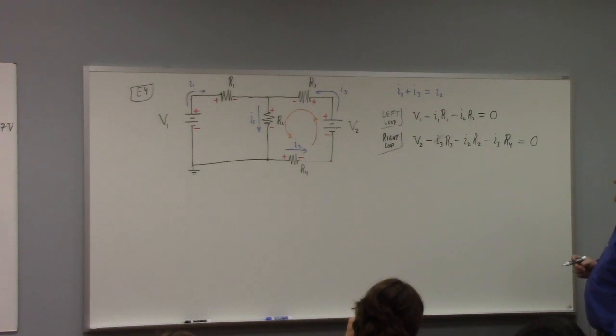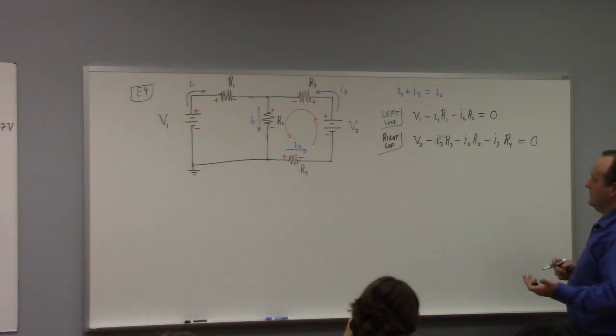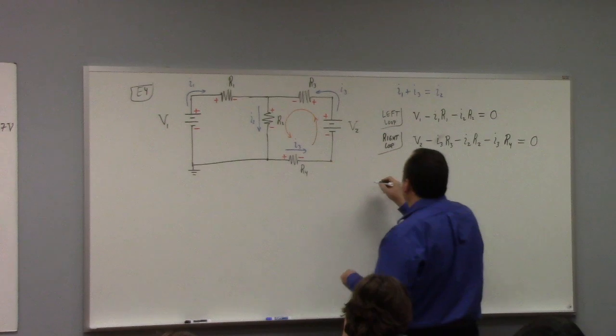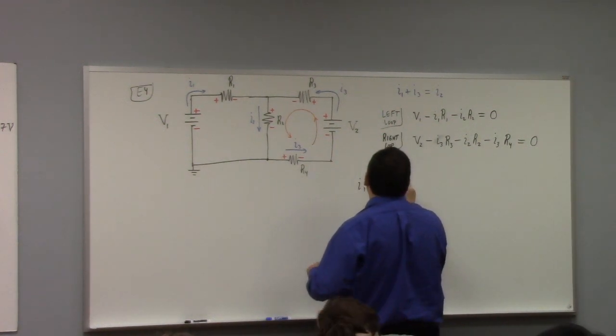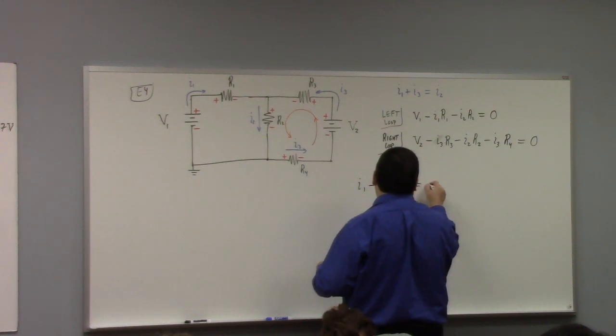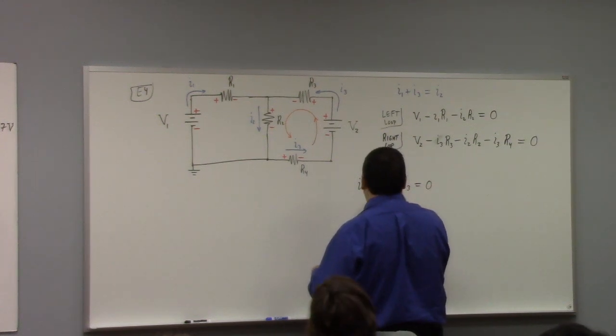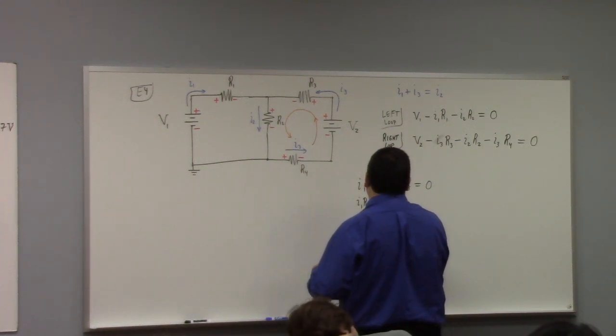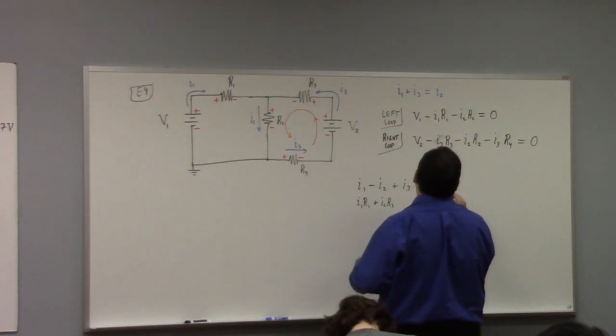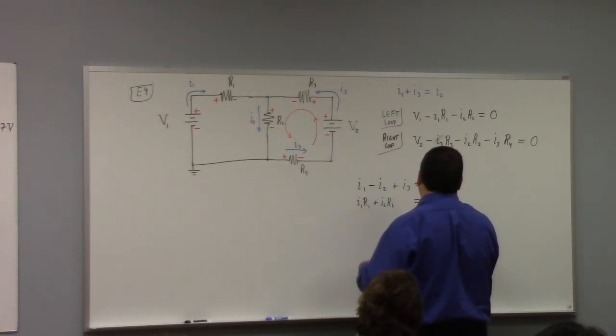So, all right, that's it. Let me rewrite this. We've got I1 minus I2 plus I3 equals 0. We've got I1R1 plus I2R2 equal to V1.